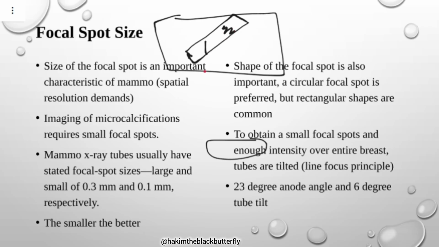So there is a tilt. That X-ray tube is normally tilted by an angle of about 6 degrees in order to achieve smaller focal spots as required, and also to do what? To achieve a line focus principle, as we are going to see.